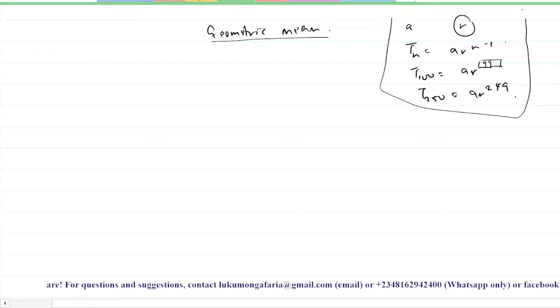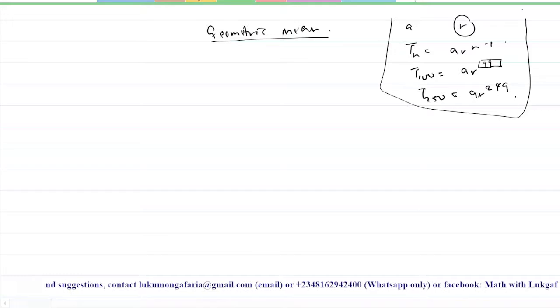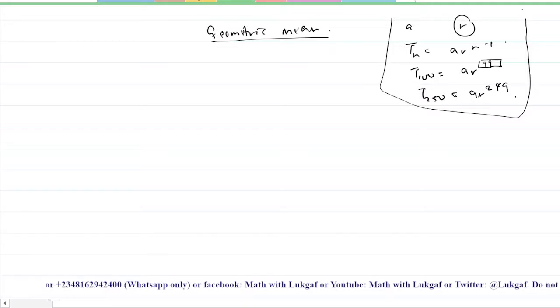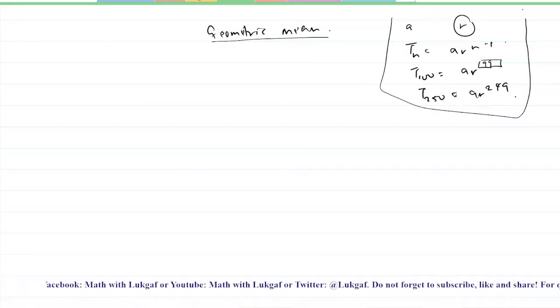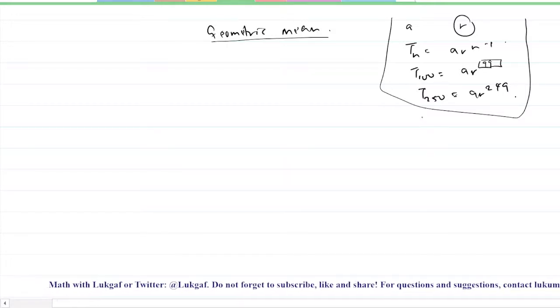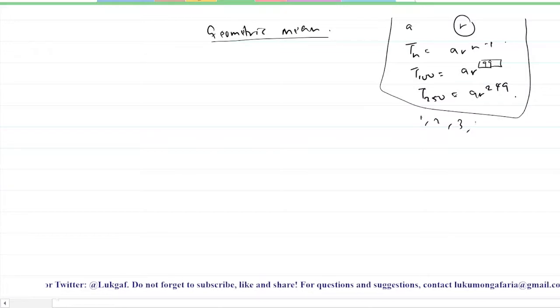Geometric mean is one of the measures of central tendency. If you don't forget in your statistics, the geometric mean is the nth root of the product of n numbers. For example, if I have 1, 2, 3, 4 and you want to find their geometric mean, it's the nth root.